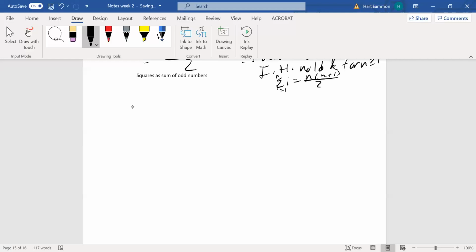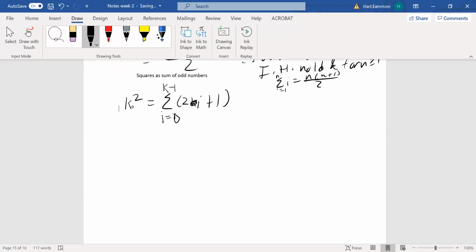This might actually be one of your homework problems, but we want to show inductively that every square can be written as a sum of odd numbers. So k squared is equal to the sum of 2i plus 1 from i equals 0 to k minus 1.